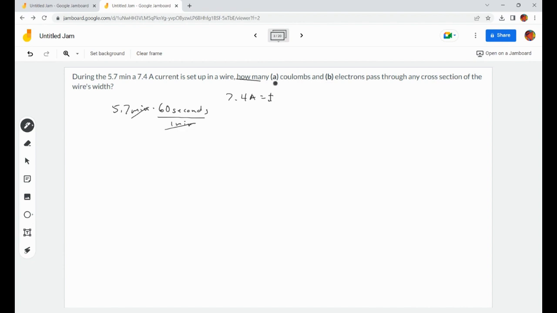4.4a asks how many coulombs and electrons passed. Oh, this, I believe Q equals I times t, or is it something else? Yeah, I'm pretty sure that's how you do it.